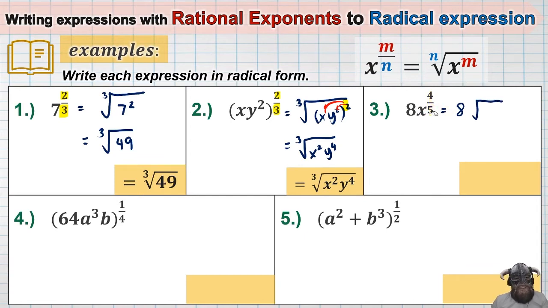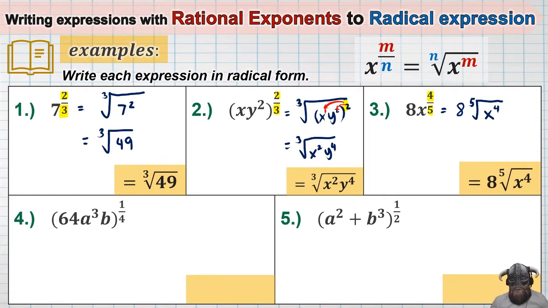So once again, ang gagawin natin, lagay muna natin yung base na x dun sa loob. And then, let's make our denominator of the rational exponent be the index of our radical expression. And then yung 4, ito ngayon yung magiging exponent ng ating variable x. So, ayan na siya. That will be your final answer already. So, tama tayo. So, the answer will be 8 times the fifth root of x raised to 4.